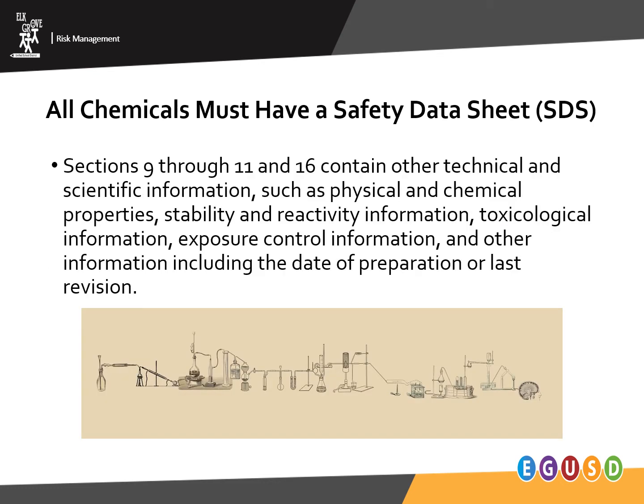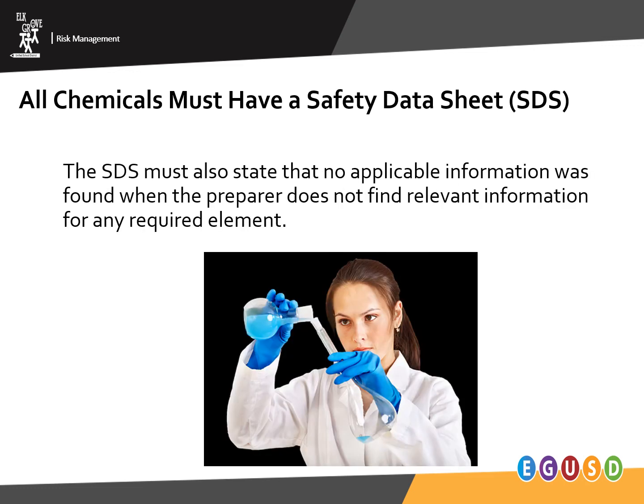Sections 9 through 11 and 16 contain other technical and scientific information, such as physical and chemical properties, stability and reactivity information, toxicological information, exposure control information, and other information including the date of preparation or last revision. The SDS must also state that no applicable information was found when the preparer does not find relevant information for any required element.